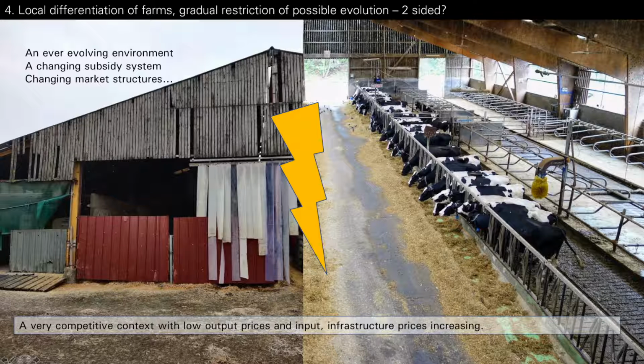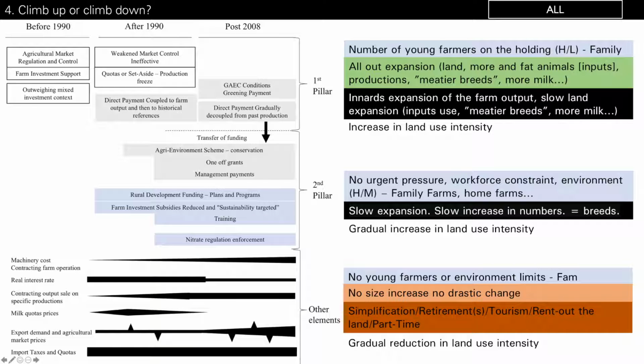If I was summarizing it, this is from a paper that we did for the IES presentation, we have two different contexts after the 1990s in terms of broad context, in terms of subsidy, market access, etc. But the important thing to remember is that we had two big strategies to cope with that.